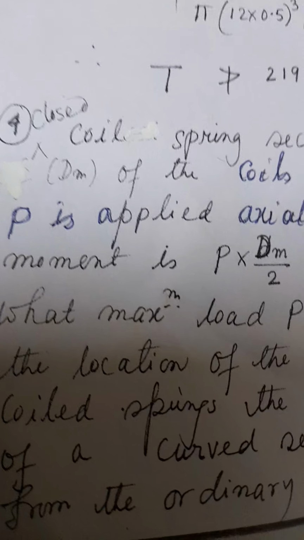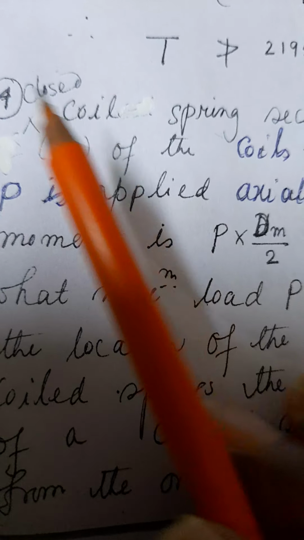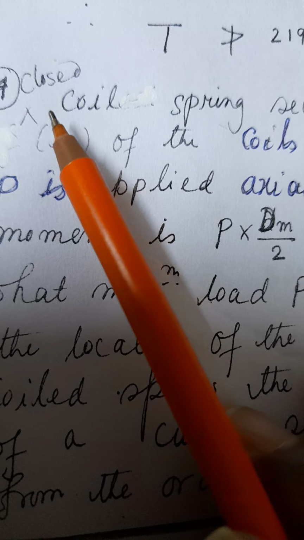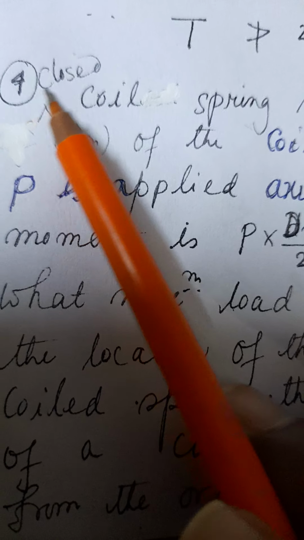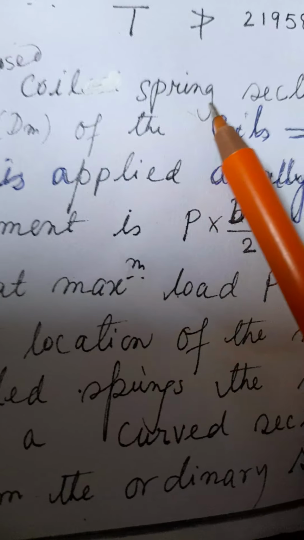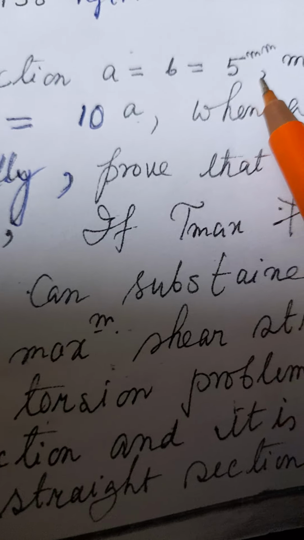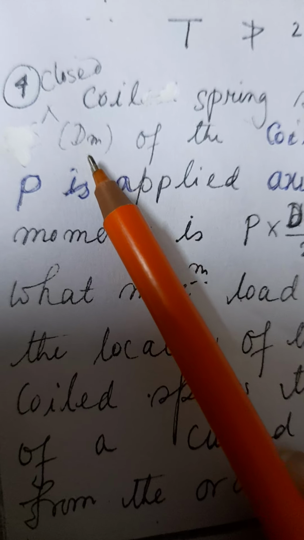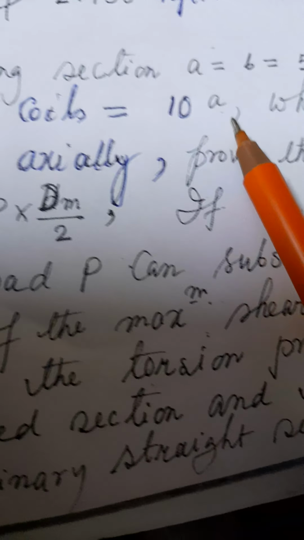Now this is very important. I will tell you, this is when I was a final year student, I did this writing. This is number 4 problem. Closed coil spring section, A is equal to B is equal to 5 mm, mean diameter dm of the coil is equal to 10A.